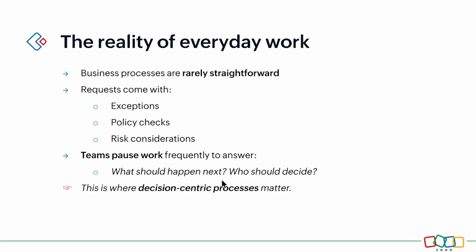But if the amount is higher than a certain value, a decision needs to be taken: it has to go for approval, where a manager validates the amount and checks whether it is possible. So that is the place where a decision-centric process plays a major role.